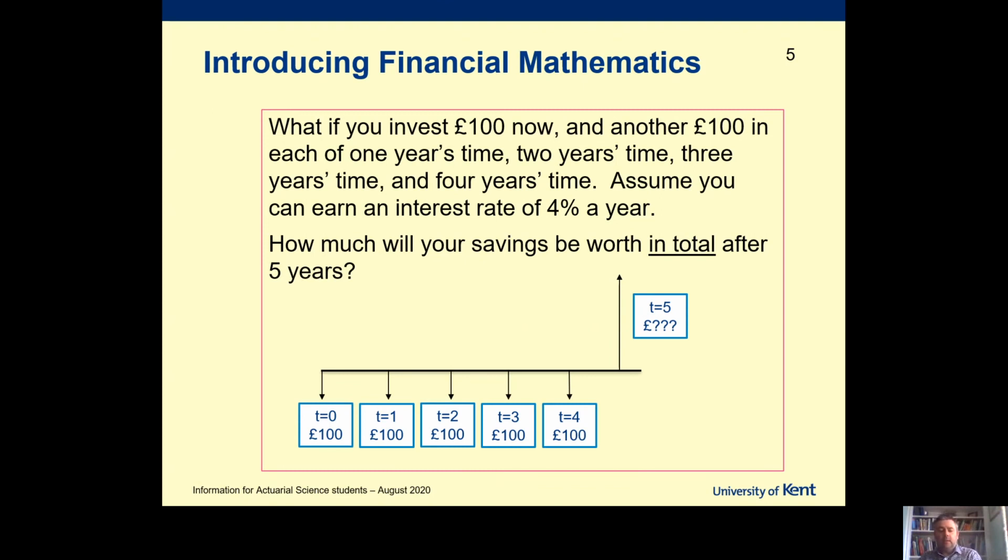So something you'll be told throughout the course is that for this sort of situation, draw a diagram of what's going on. Okay, so we're making payments of £100 each at time 0, so immediately, a year's time, 2 years' time, 3 years' time, 4 years' time, and we want to know how much we would get back in 5 years' time in total from those 5 investments we've made.